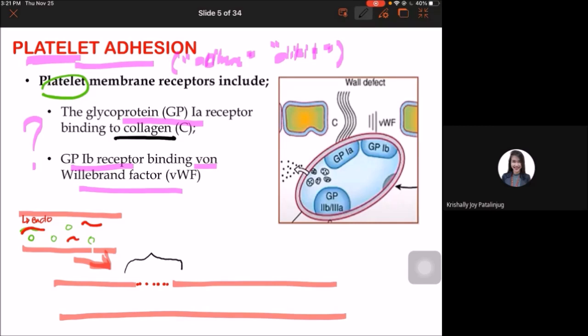And unsa day ang mga example sa mga sub-endothelial nga components? So isa na doon ay halimbawa, collagen. Okay? Isa yan sa mga deep layer ng blood vessel. Yung collagen ngayon na-expose sa blood. Nakikita na siya kasi nasira yung endothelium.